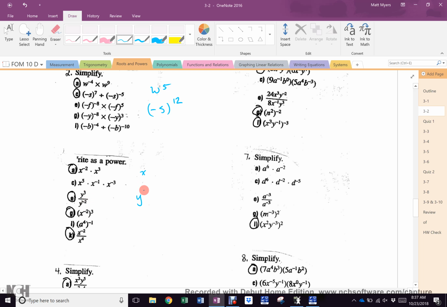There you go. G, Josh. 1 over X to the 6th. And K, Zach. 1 over... negative 2 minus 4 is X to the negative 6, so it is 1 over X to the 6th. Well done.